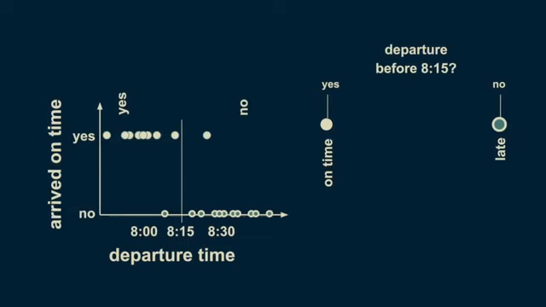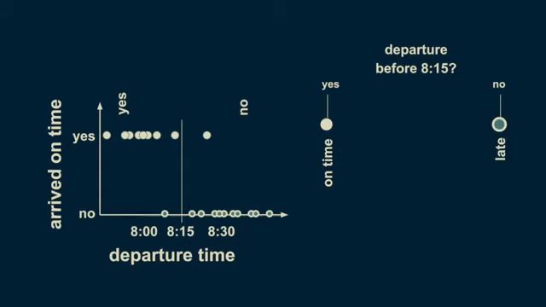The very first branching point is the question, did departure occur before 8:15? There are two branches, a yes and a no. For consistency, we'll keep all of our yeses on the left. Placing this decision boundary divides the data up into two groups.